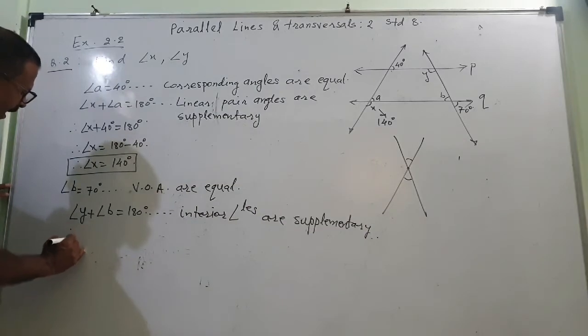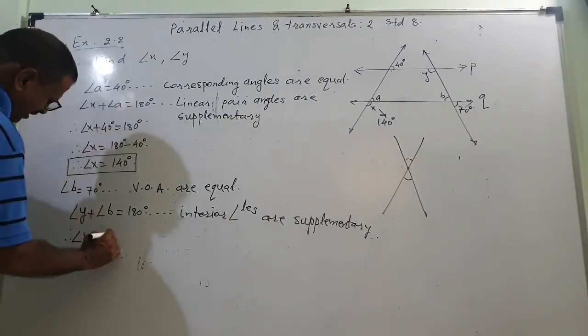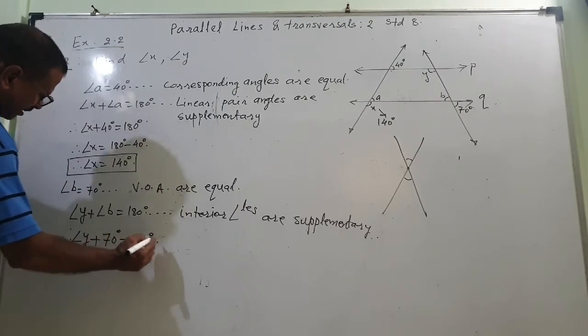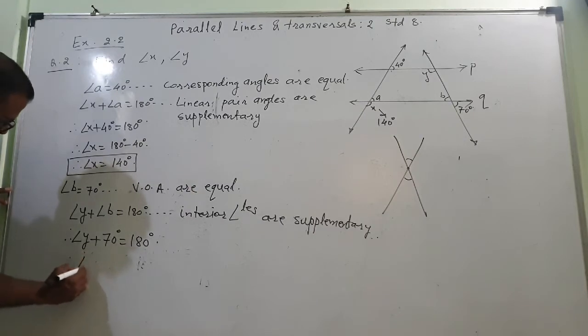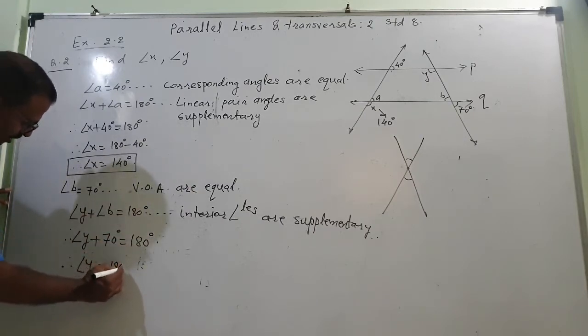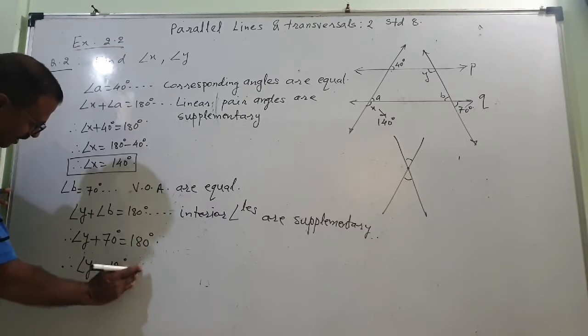Therefore, angle Y plus B, which is 70 degree, put here 70 degree, that is equal to 180 degree. Therefore, angle Y is 180 minus 70 degree.